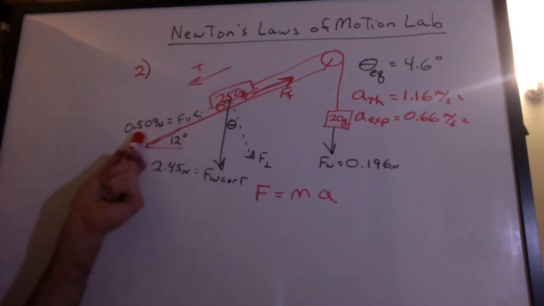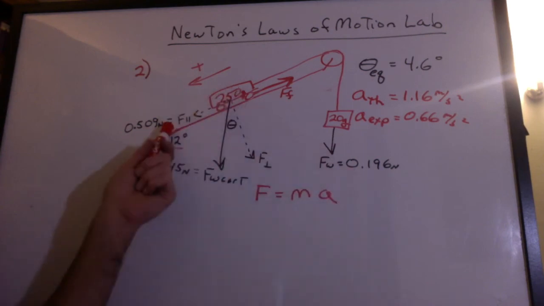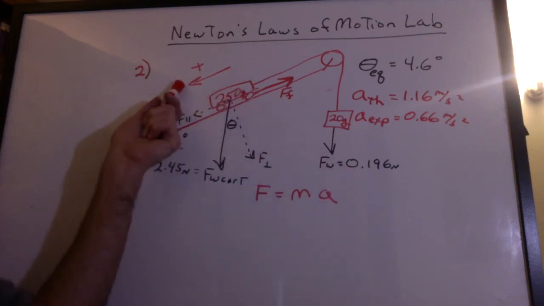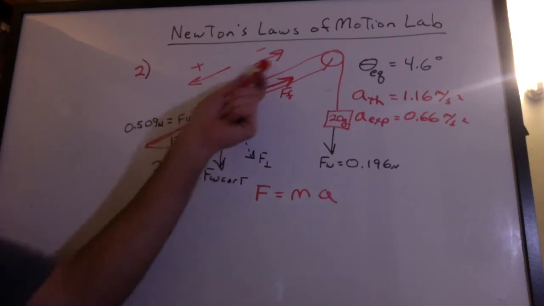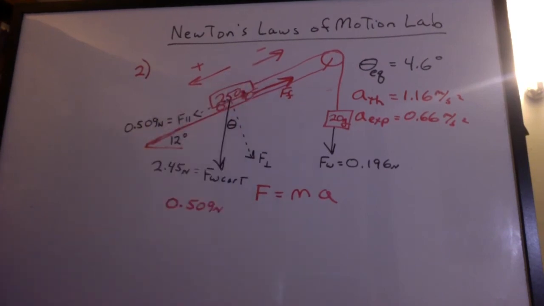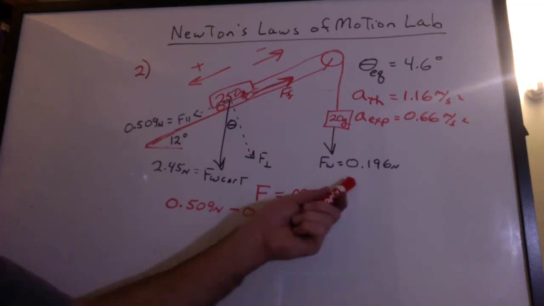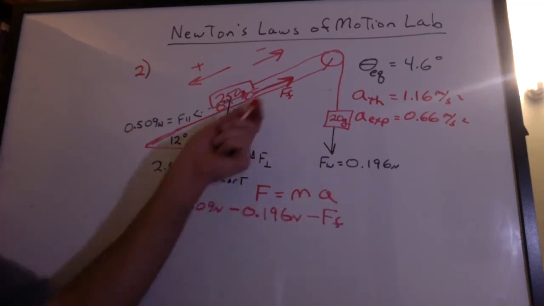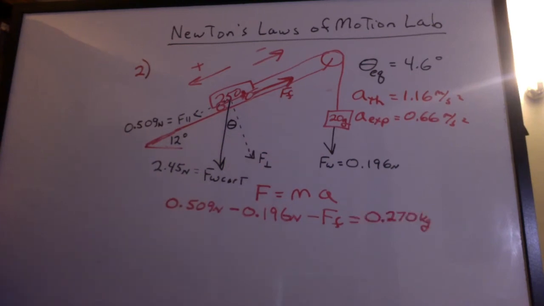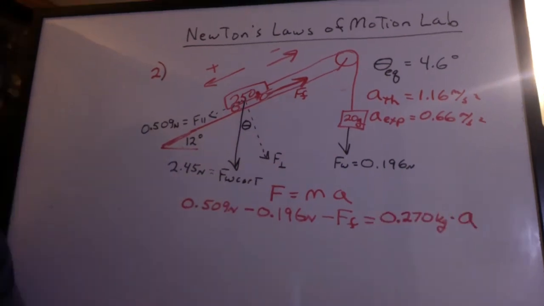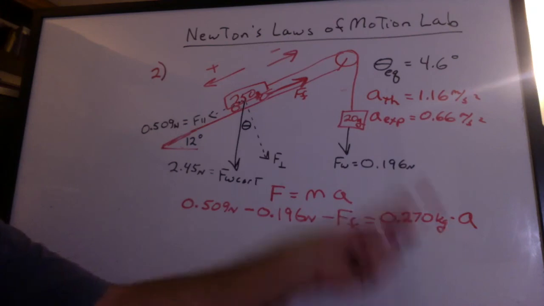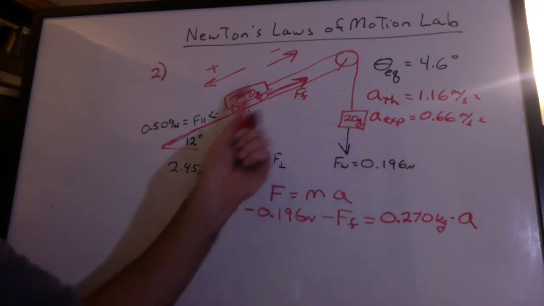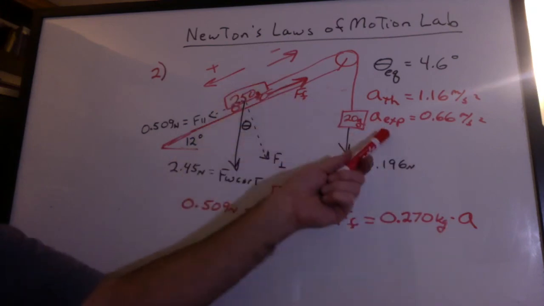Since this force is bigger than that force and the cart went downhill, I'll say this direction is positive and this direction is negative. So I have the force forward minus the force backwards minus my force of friction equals the mass of the system times acceleration. But which one? It'll have to be the one that would include friction. That would be the experimental.